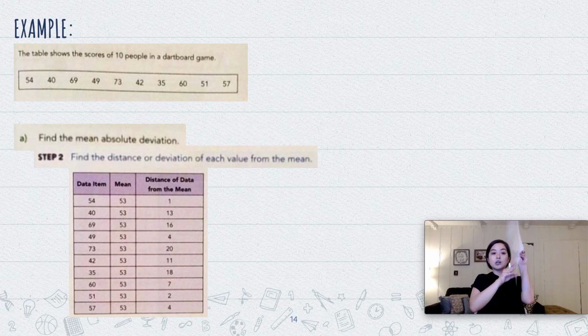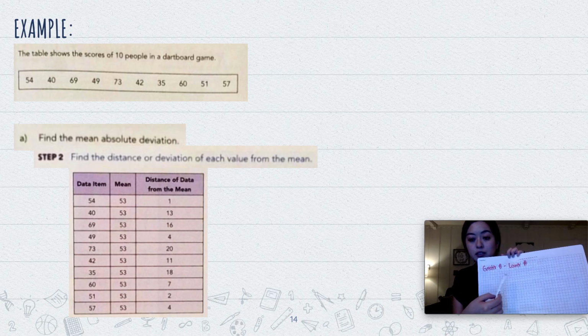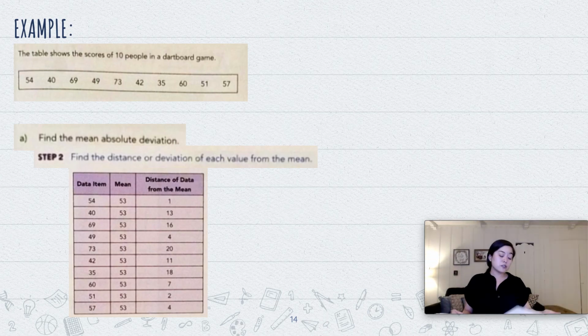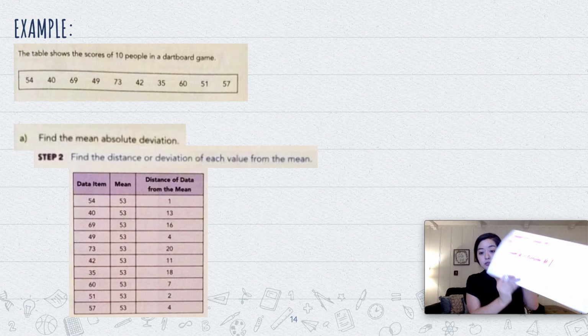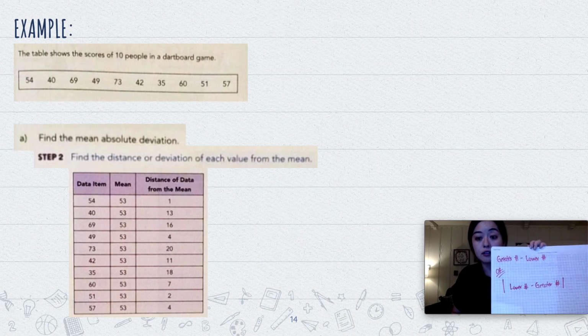That's one way to find the distance of the data from the mean. Sometimes the mean will be greater, sometimes the data item will be greater. Or you can take the absolute value of the lower number minus the greater number, because that also gives us distance. Remember, distance can't be negative.